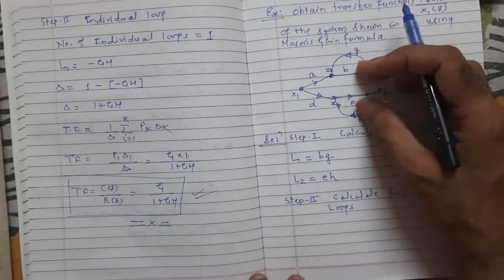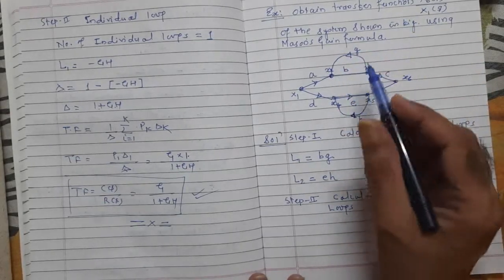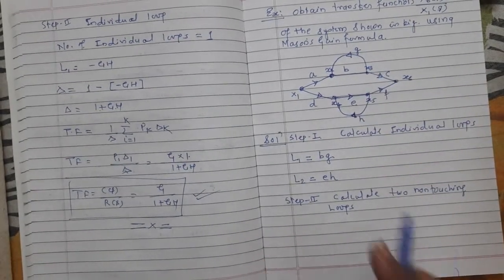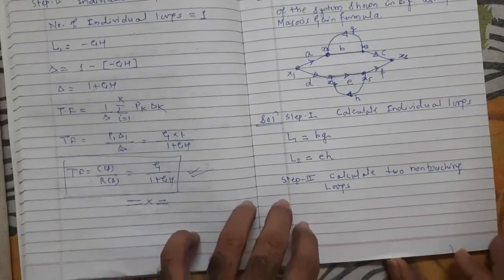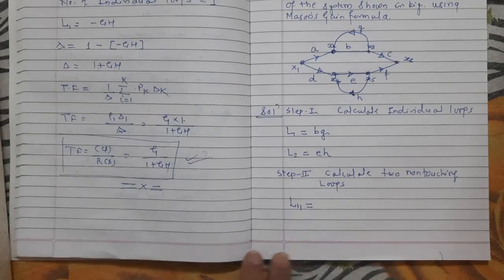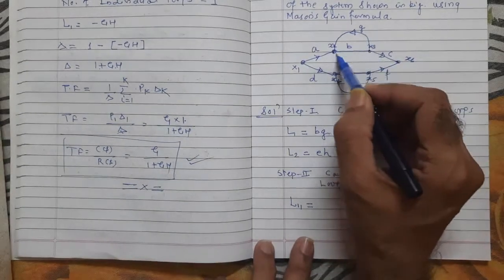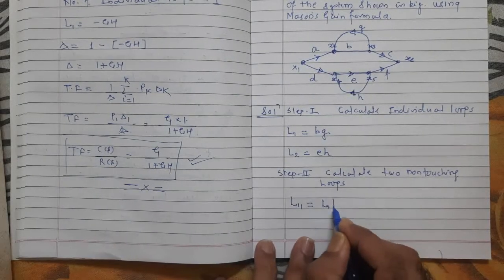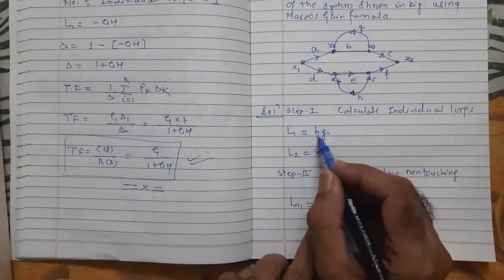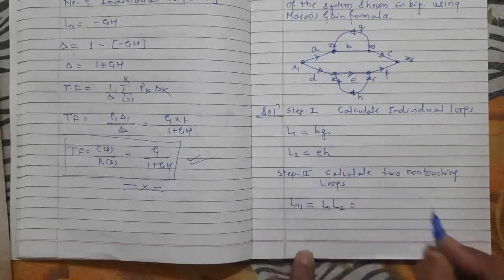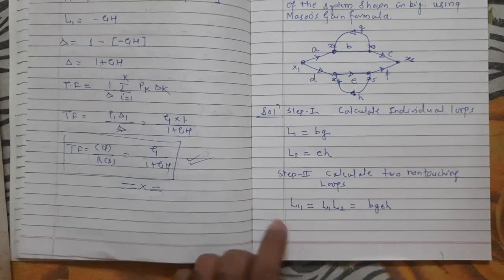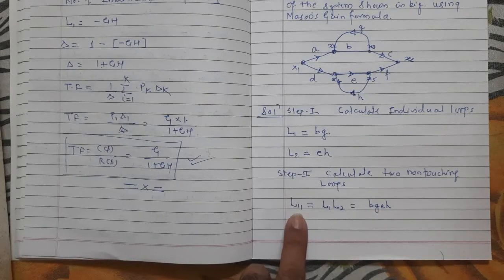These loops and these loops are separated, and no part is touching each other. So we can say that there is a combination of two non-touching loops. L11 is equal to this loop, that is L1, multiplied by this loop, that is L2. L1 is B into G, and L2 is E into H. So we can write B into G, E into H. This is the gain of the two non-touching loops.